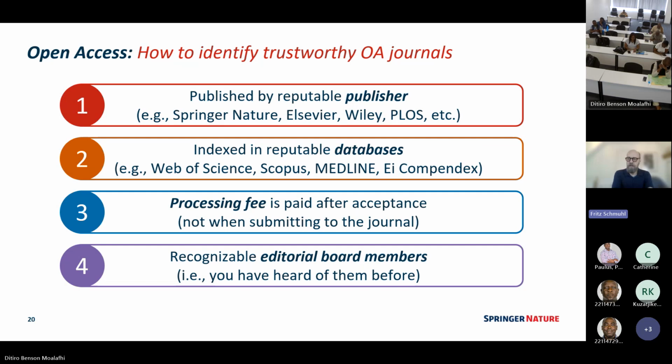There are small local publishers that are completely legitimate, but you have to establish upfront for yourself that that is very much the case. So in addition to being a reputable publisher, you can also then check, are the journals that they publish indexed in the main databases in academia. Examples of those are, for instance, Web of Science, Scopus, Medline, EI Compendex, and a host of other databases that would be either relevant to your discipline only or that are broad-based databases.